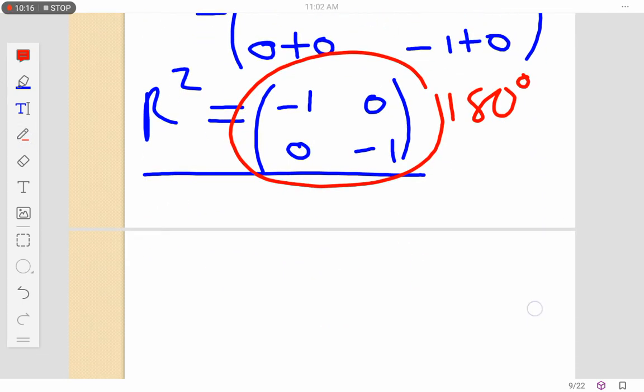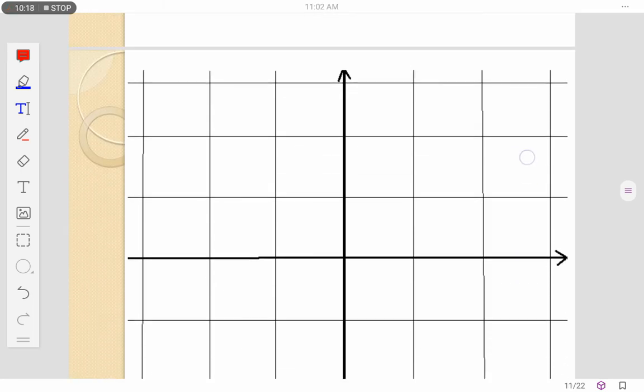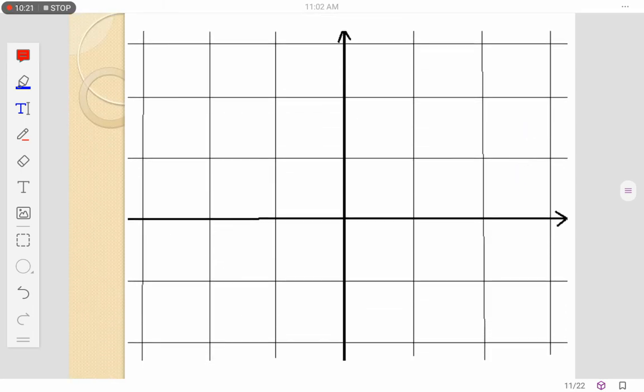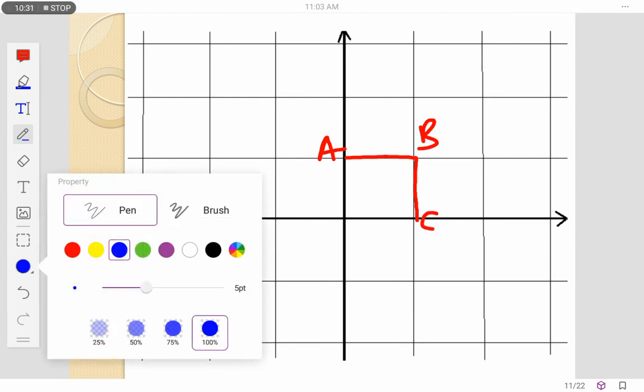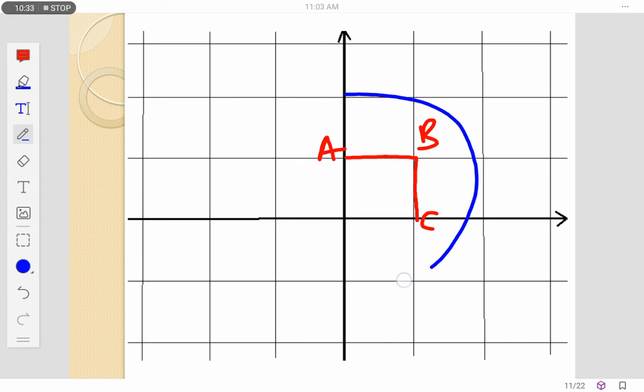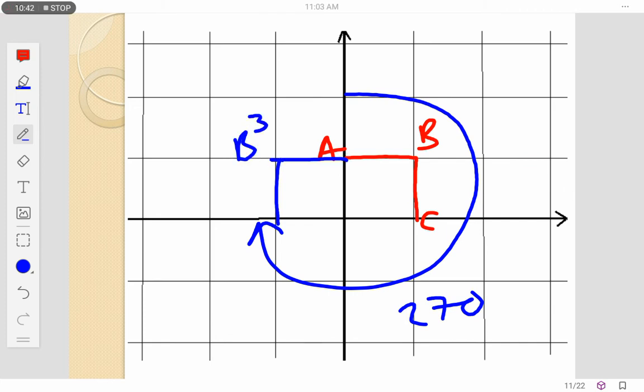Okay, now let's look at the matrix when we are rotating through 270 degrees. So I can draw here. This is our A, B, C. When we rotate through 270 degrees, we will form our square there, and we have our B3 here, our C3 here, and our A3 here.